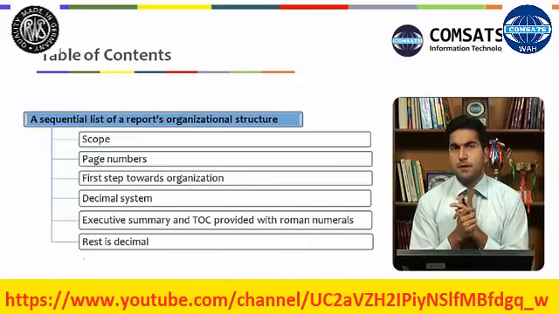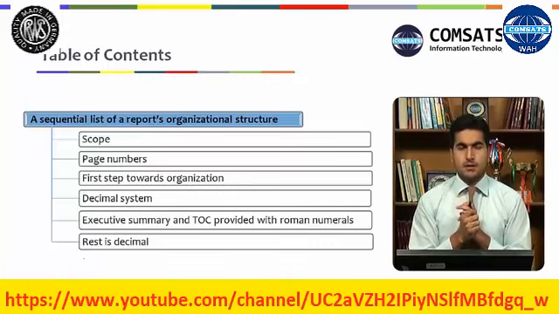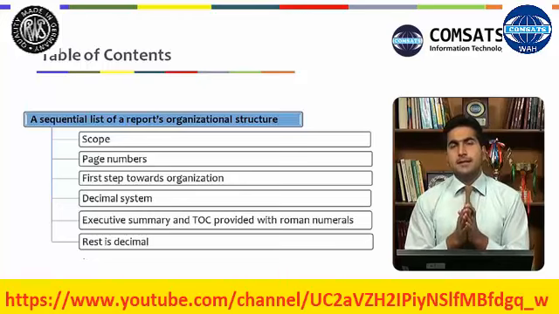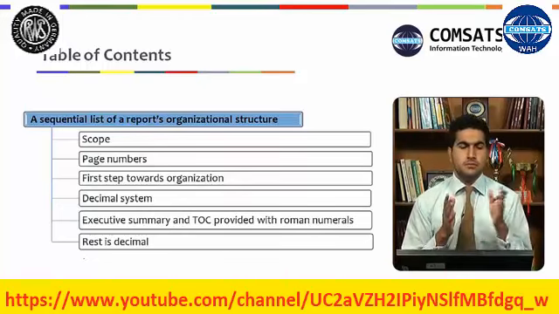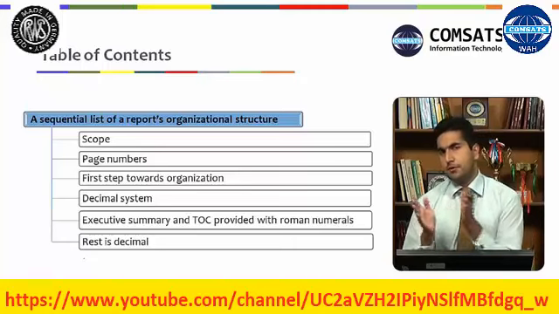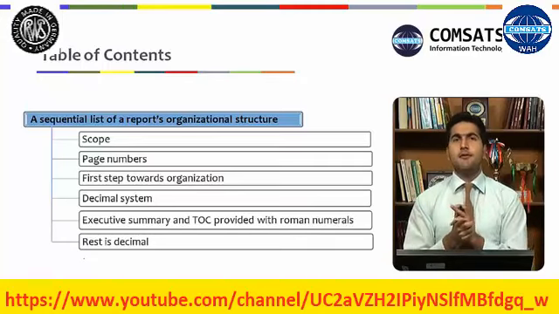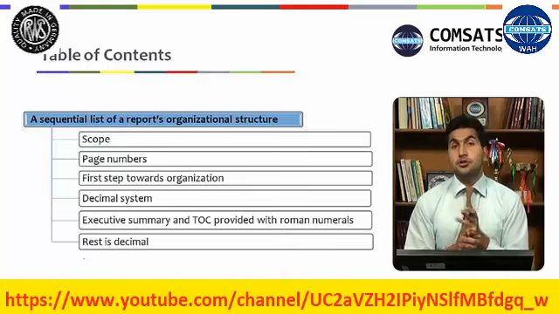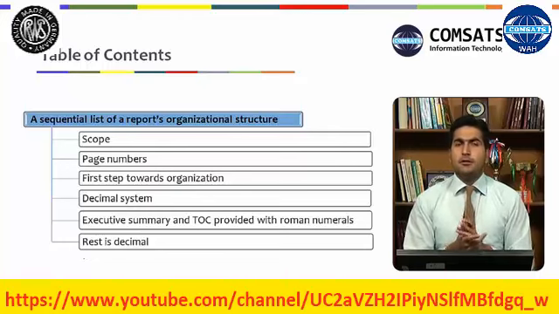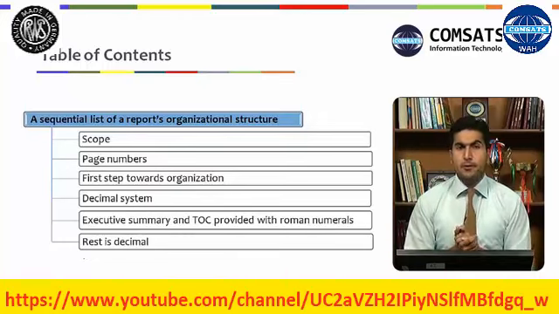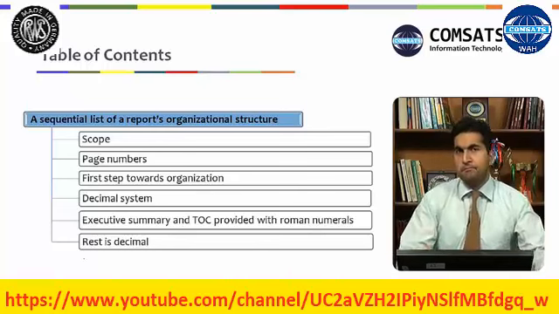The first thing which is achieved by TOCs. The next thing, of course, is that it provides the details of the page numbers. Different sections are on different page numbers, so it's a reference to the information that you are seeking. Then if we move onwards, you can call it the first step towards the organization of the data.